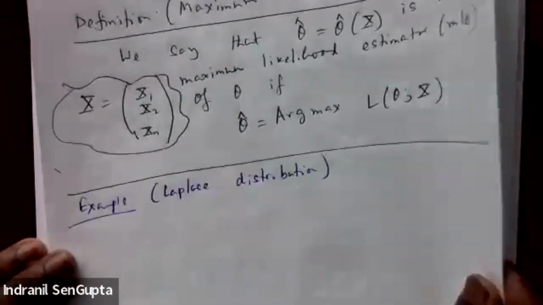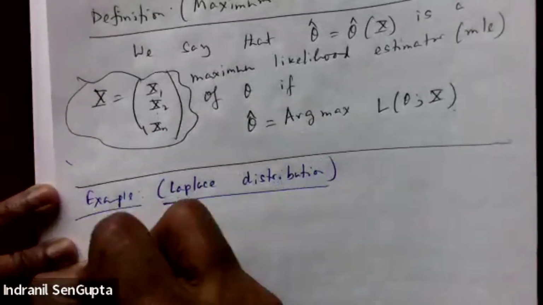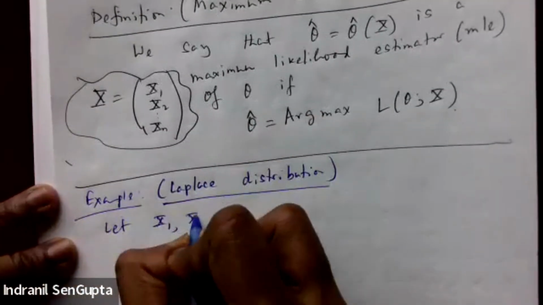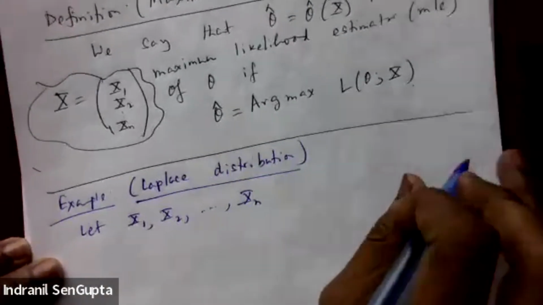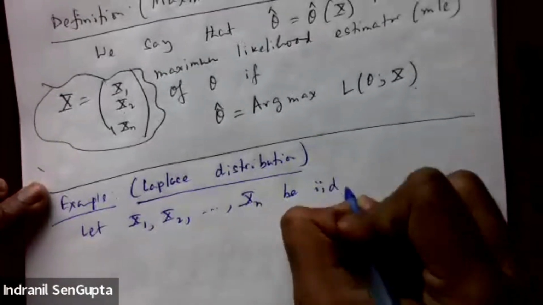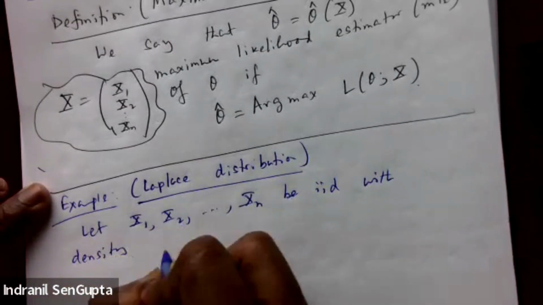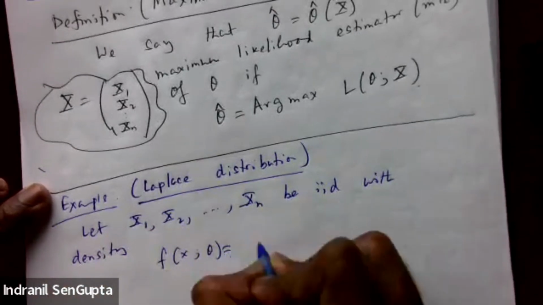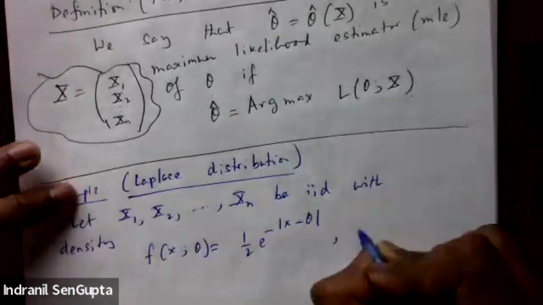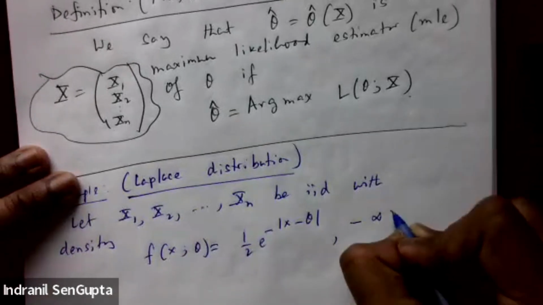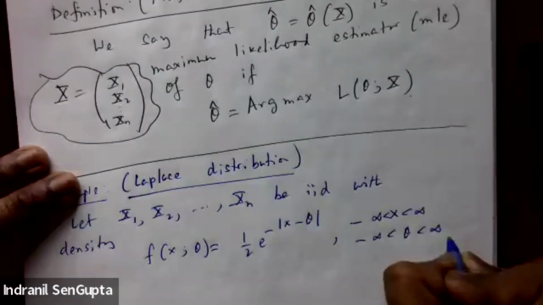Let x1, x2, through xn be IID with the density f of x theta equals 1/2 e to the minus absolute value of x minus theta, where minus infinity is less than x less than infinity and minus infinity is less than theta less than infinity.